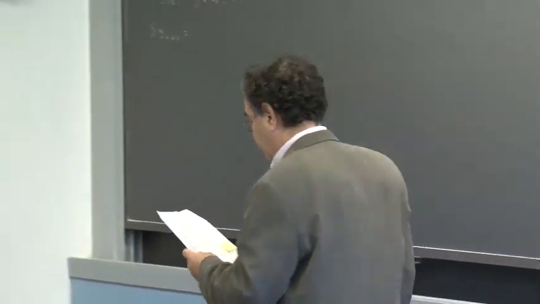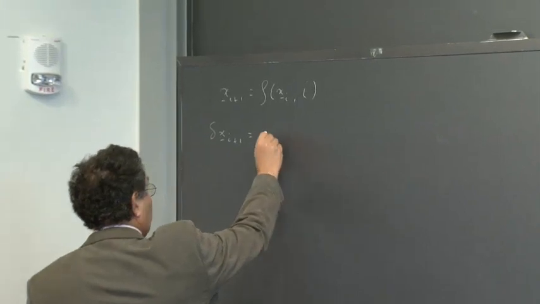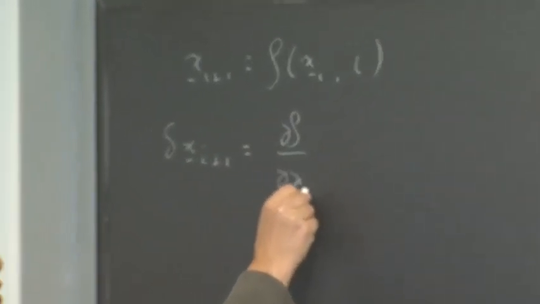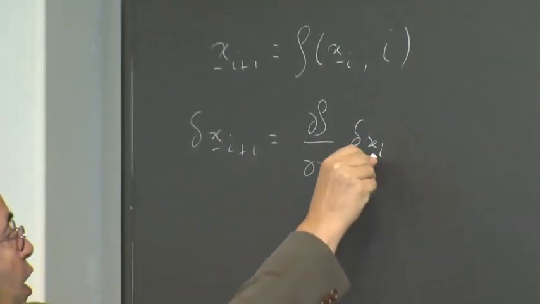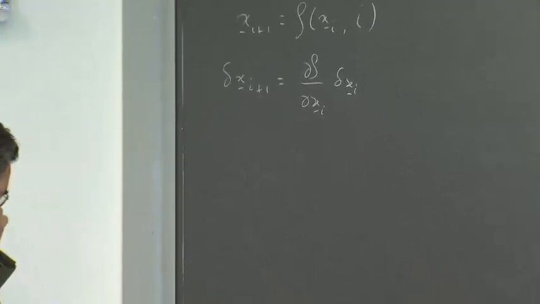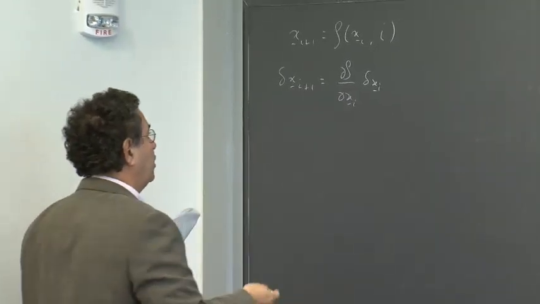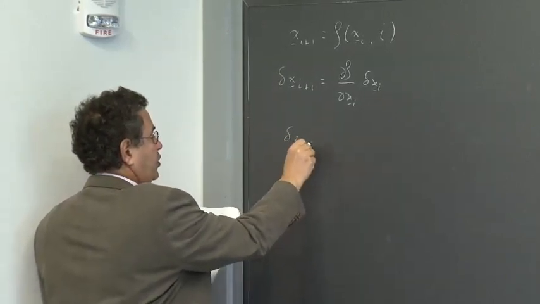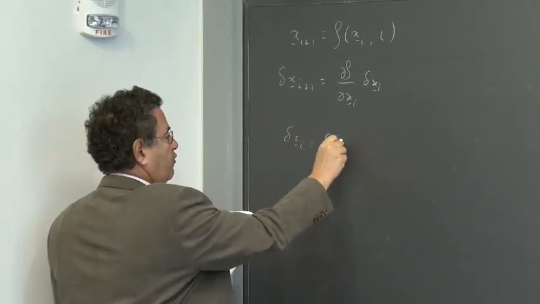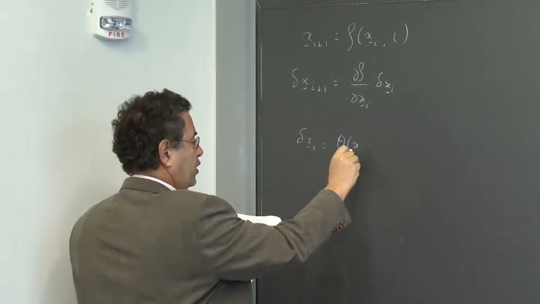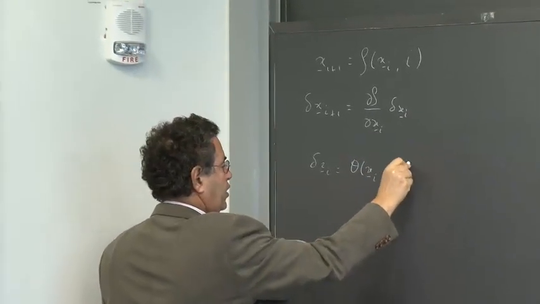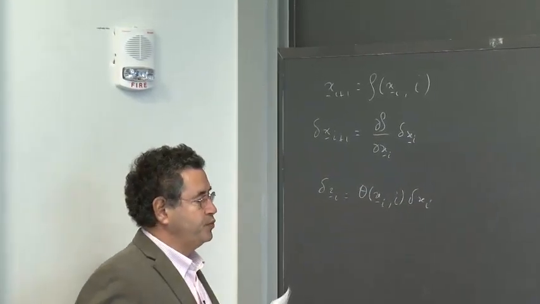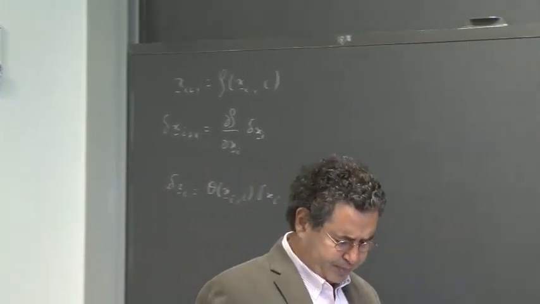So we can still look at that, and it will have the usual form df over dxi times delta xi. And we can still, if we want, also transform these virtual displacements. So for instance, we could have theta of xi and I delta xi, which would be the differential transformation.